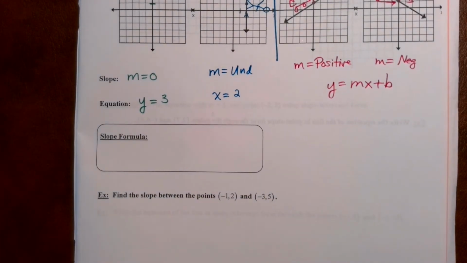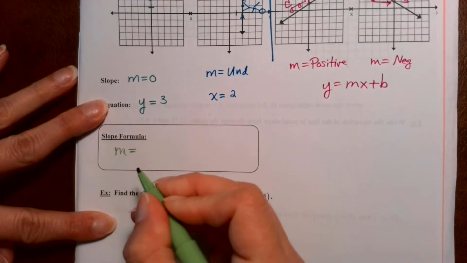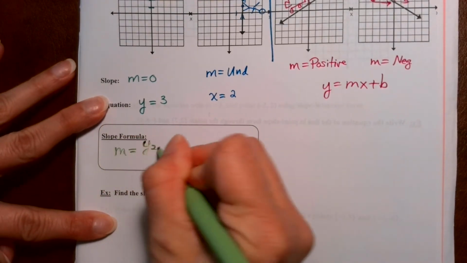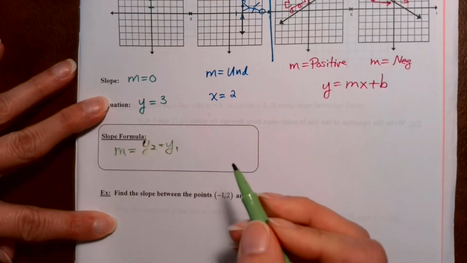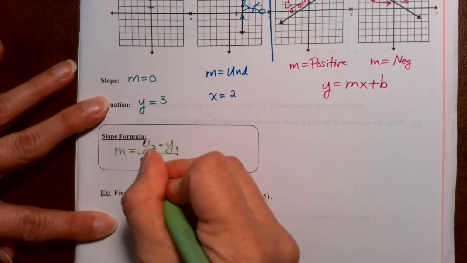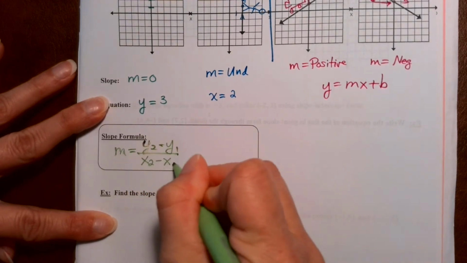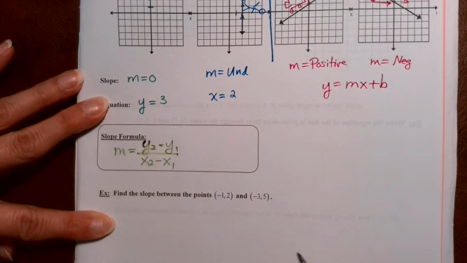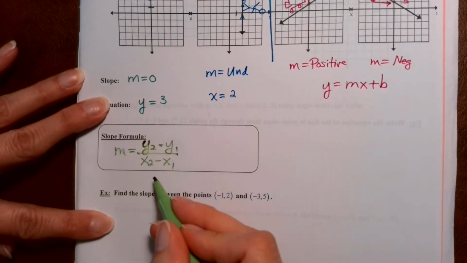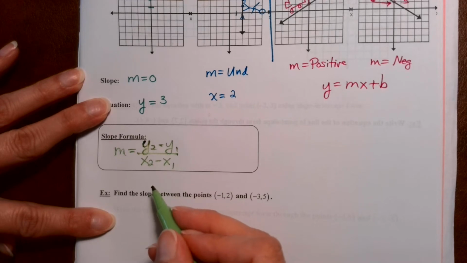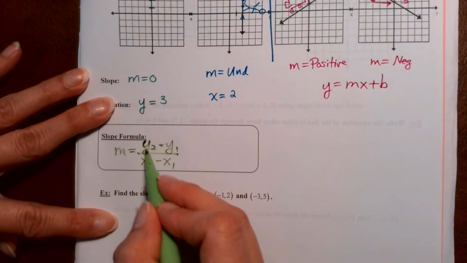All right, the slope formula. The formula for slope, the letter is m, and it's y2 minus y1 over x2 minus x1. So that's the formula for slope. You don't have to necessarily put the 2's first.